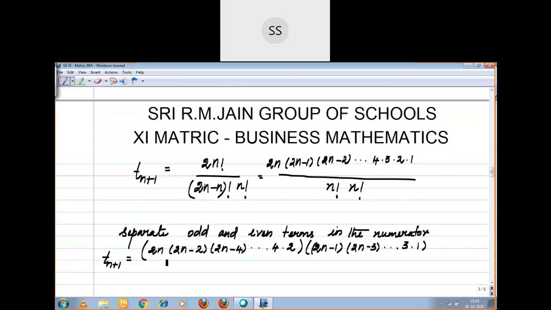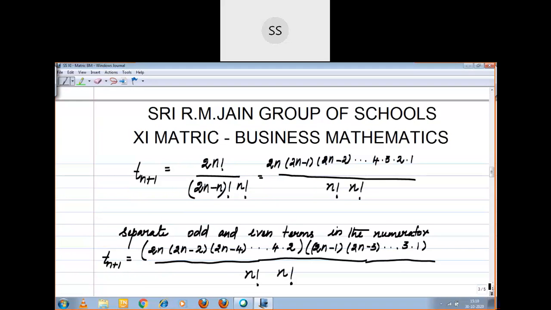Tn plus 1 equal to 2n, 2n minus 2, 2n minus 4, etc., 4 into 2, then this is the even term.